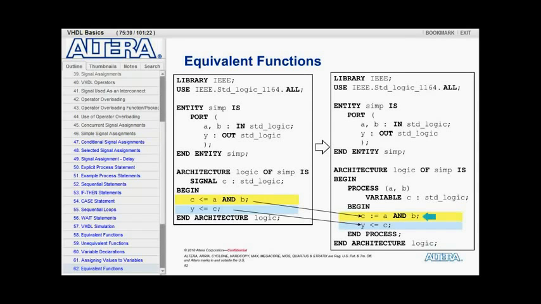The process turns on and begins executing. The first line is evaluated. C gets the value of A and B. This time, since C is a variable, it is updated immediately, so when the second line is executed, Y gets the value of C. It is actually the new value of C. So in this case, Y would take on the new value within one simulation cycle, like the code on the left.